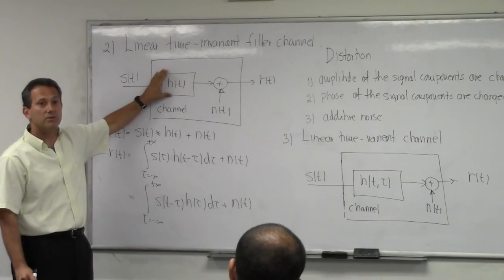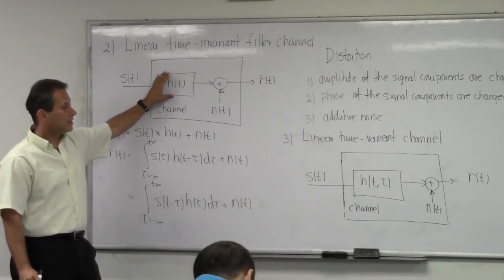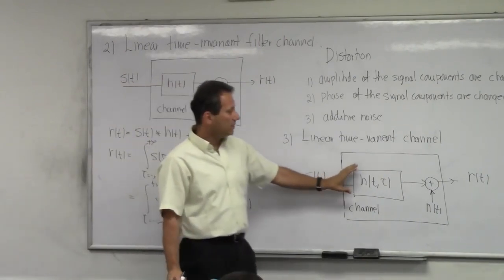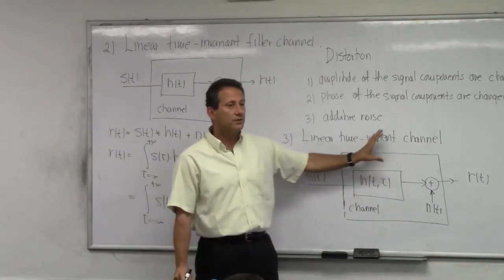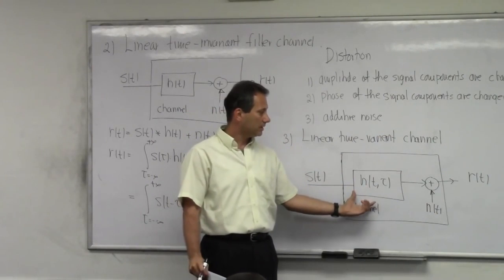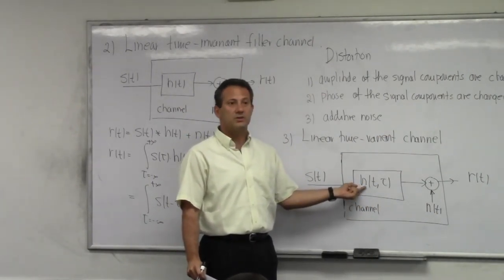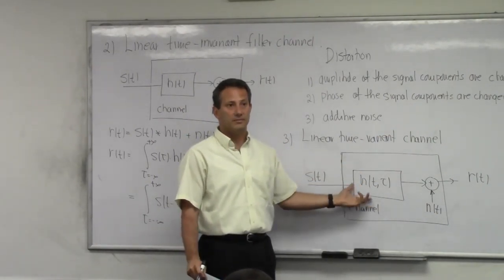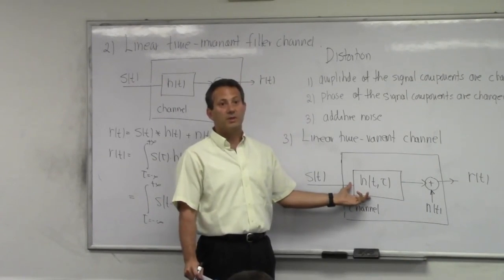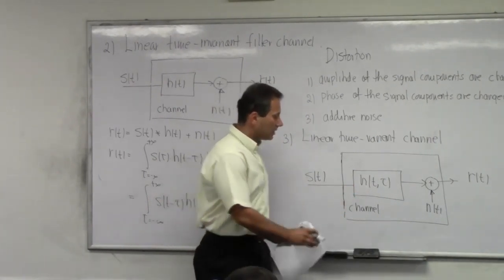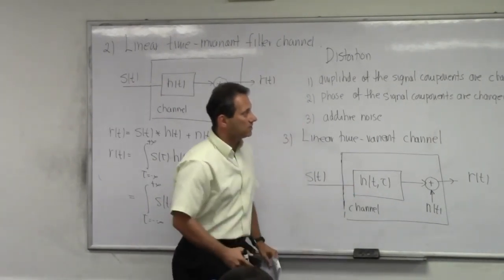It means that the impulse response of the channel does not change over time. There are channels that are also linear filter channels, meaning that they can be modeled like this, but the impulse response changes over time, right? That's the time variability of this channel. Now, how do we calculate r(t) in this particular case?